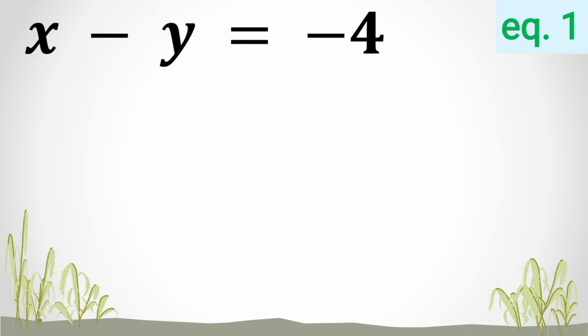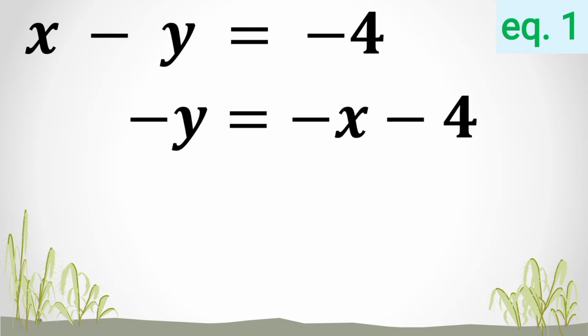This standard form will be converted into slope-intercept form, which is y equals mx plus b. So we will have negative y on the left side, and by the addition property of equality, we add negative x on both sides.